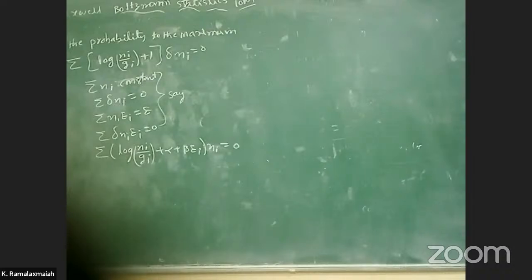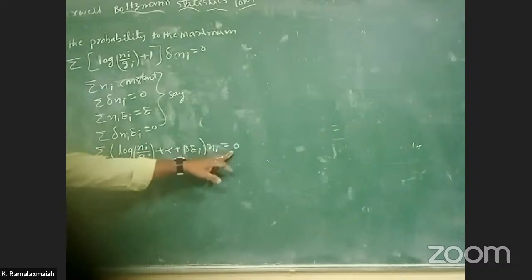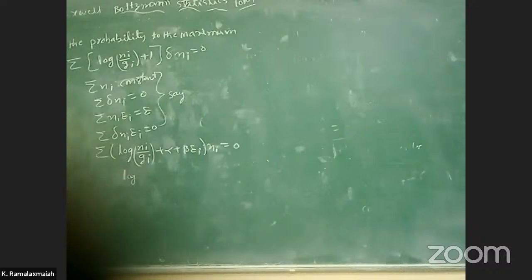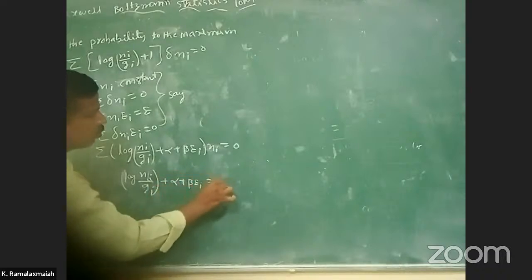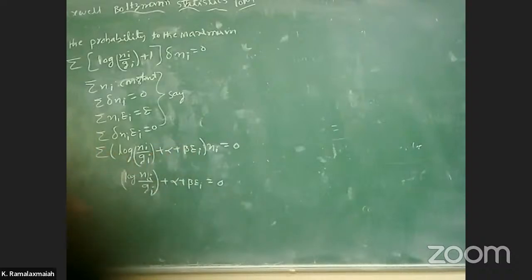So that is the simplification. Here alpha and beta ei, the summation converts to 0. So the remaining is log ni by gi plus alpha plus beta ei is equal to 0. Simplify that.